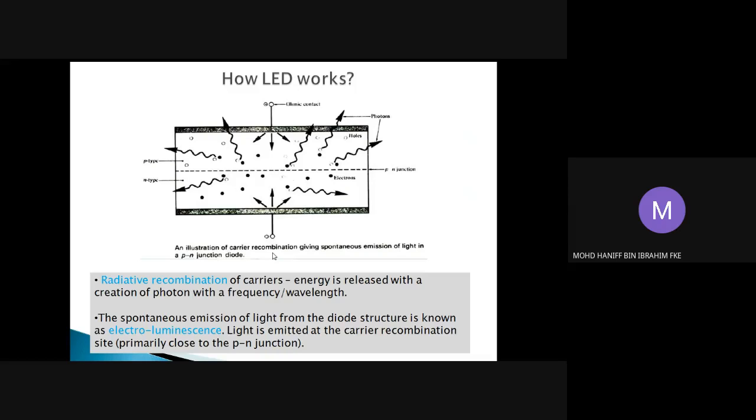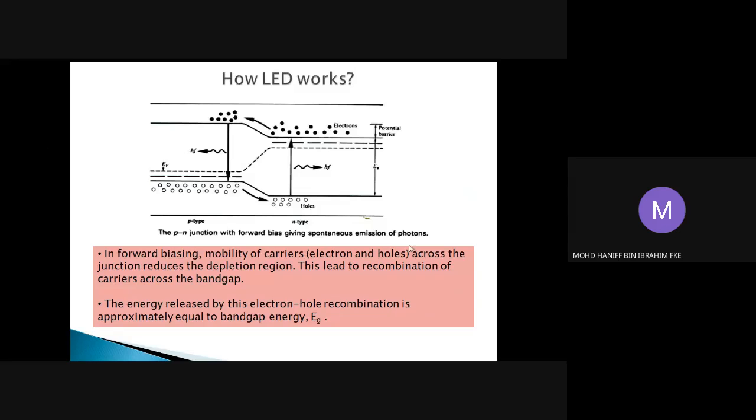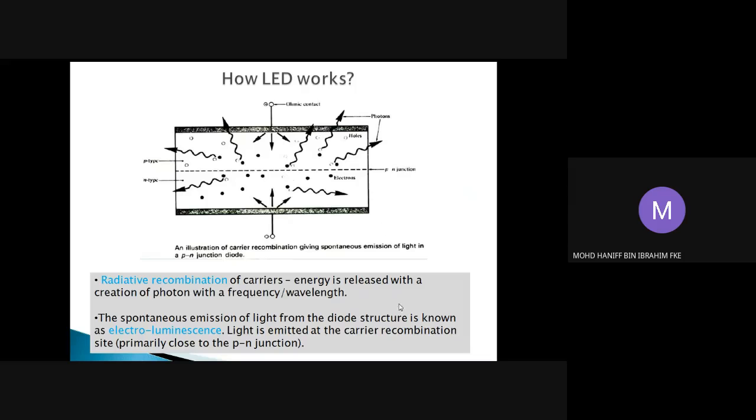Okay, so this is another graphical diagram. We have a p-type material, and this is the n-type material. So basically it's the same as before. The difference is that the previous one was based on the energy diagram. We can see that when we apply a voltage across the PN junction, electrons at this n-type material will move forward, or cross over, to the p-type.